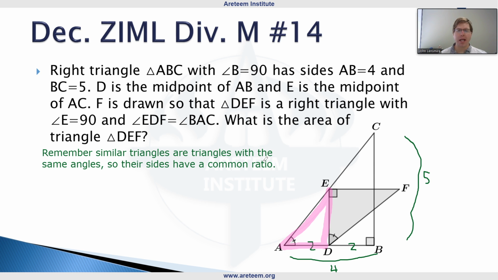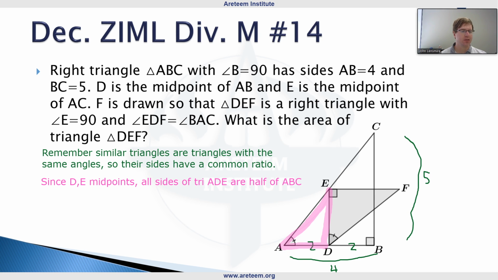So what happens here is, since D and E are the midpoints, all the sides of triangle ADE are half of ABC. So right off the bat, we can start cutting these things in half.